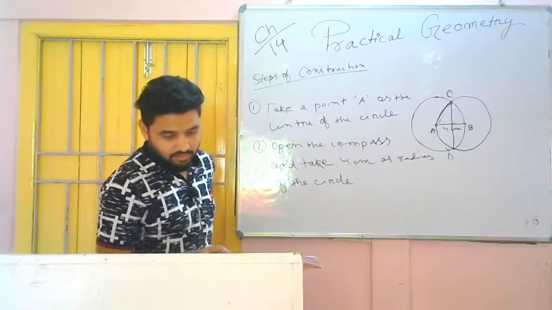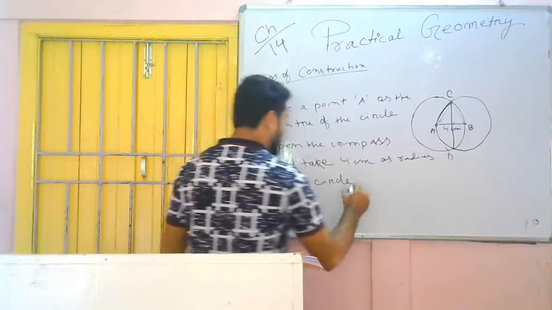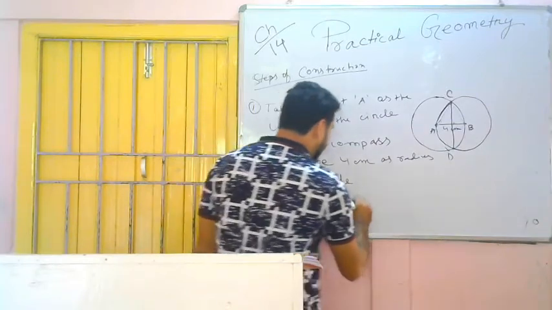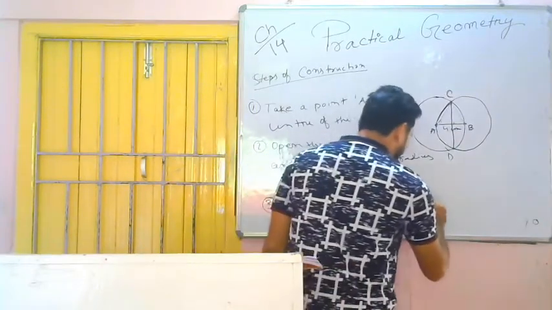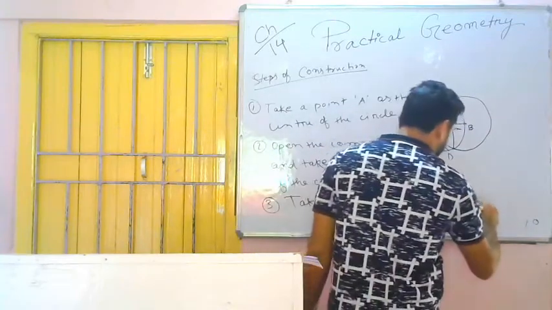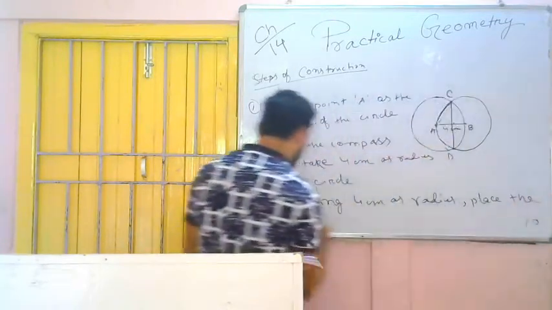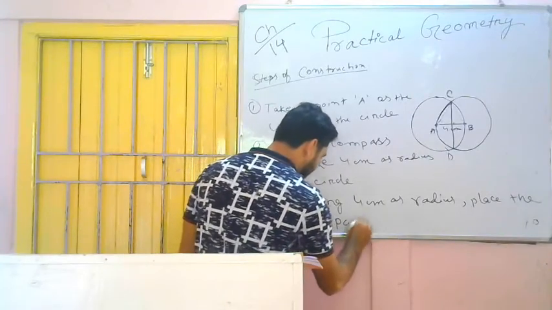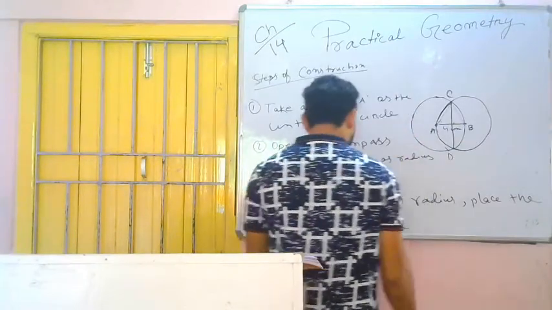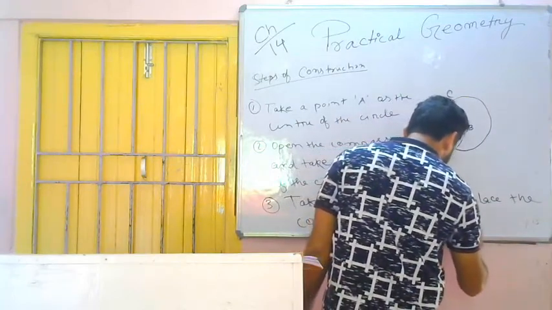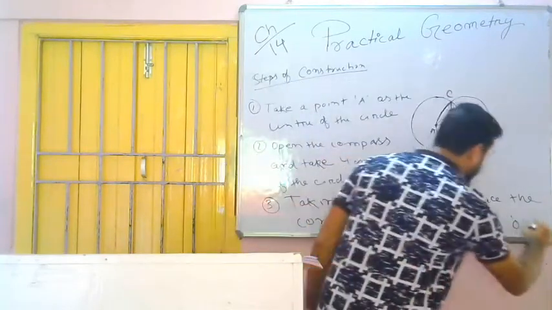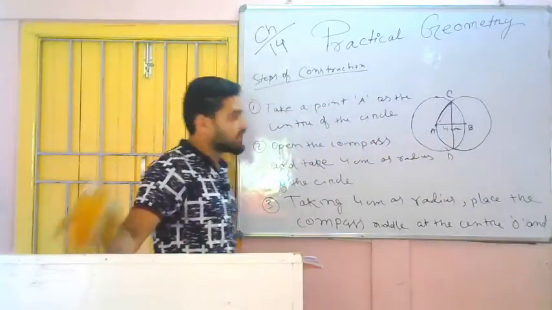Number 3: you write, taking 4 centimeter as radius, place the compass needle at the center O.